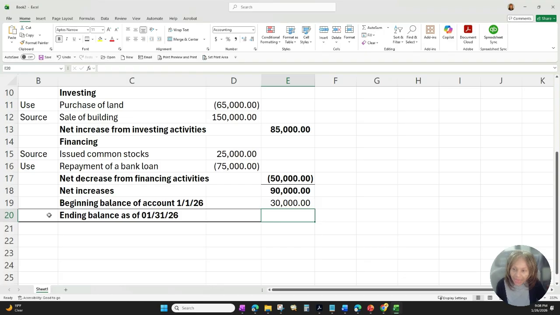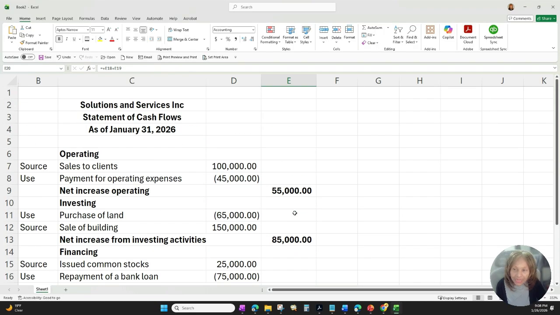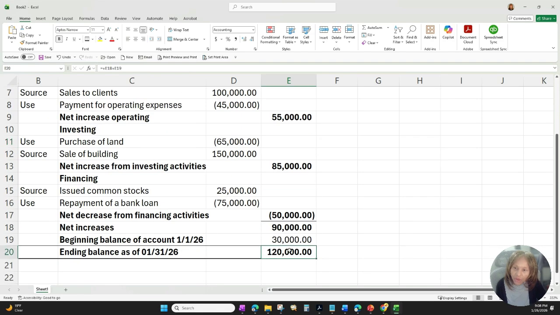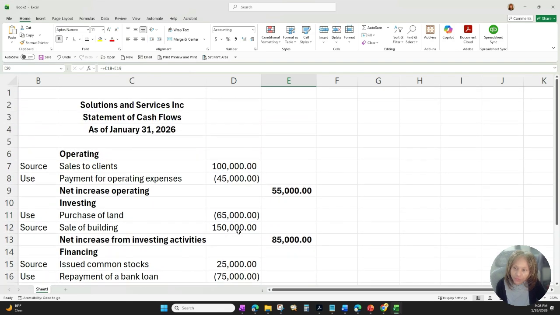Therefore, the statement is going to show an ending balance of $90,000 plus $30,000, $120,000. And that, ladies and gentlemen, makes up our simplified version of the statement of cash flows.